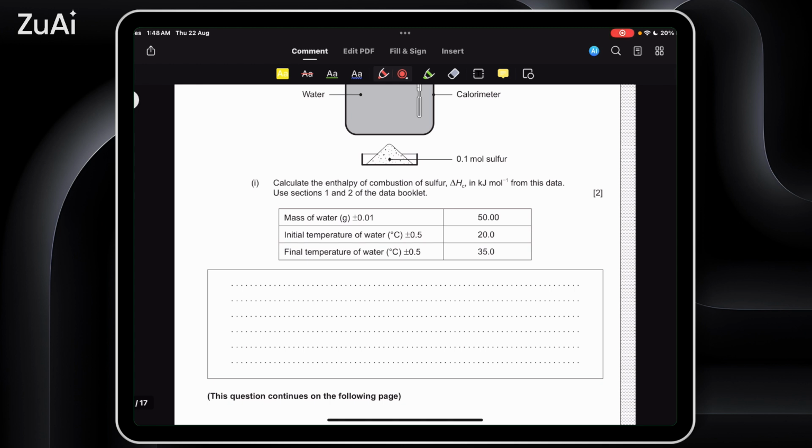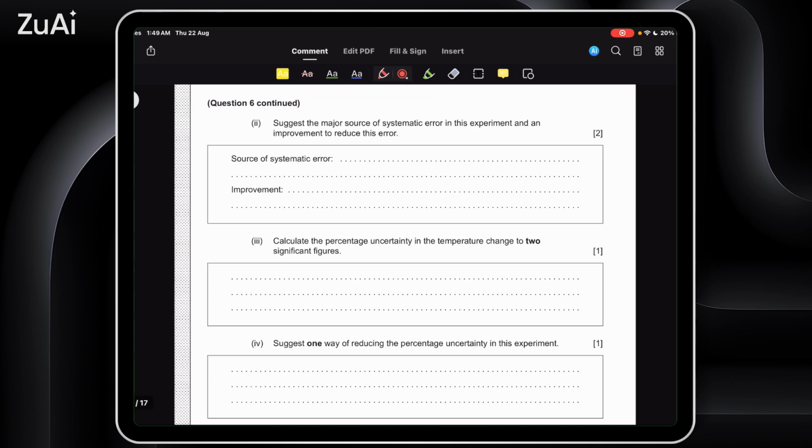Okay, calculate the enthalpy of combustion. So what's the formula? Delta H is equal to mc delta T over n. So 50 times 4.18 times 35 minus 20 divided by 0.1. That's how you'll get the answer.